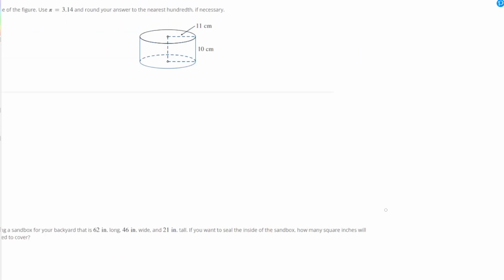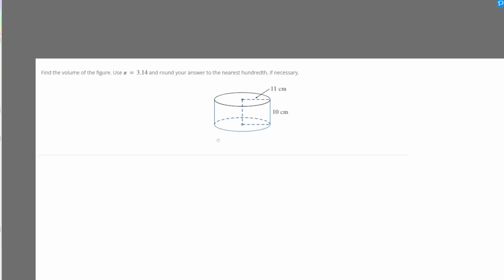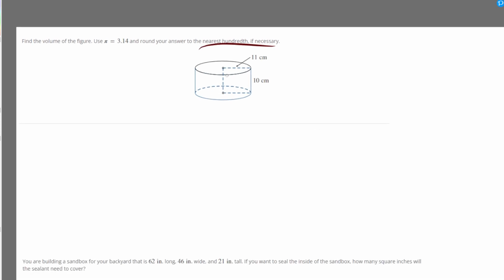This one is asking us to find the volume of the figure. Use pi equals 3.14 and round your answer to the nearest hundredth if necessary. So the radius is 11 centimeters and the height is 10 centimeters. We know that the volume of a right cylinder is pi r squared times height.